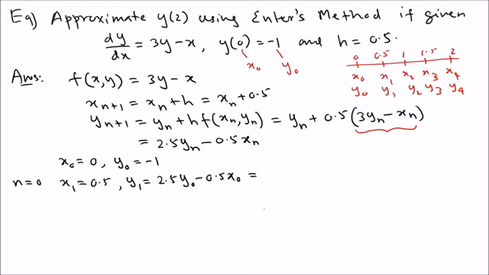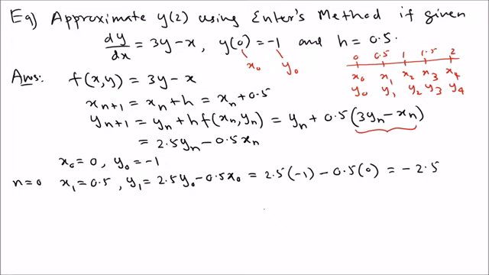Since you know the two values, we can plug in. So it is 2.5 times y0, which is -1, and then 0.5 times x0, which is 0. If you simplify, you can use a calculator for that, you're going to get -2.5. So that is the y1 value.